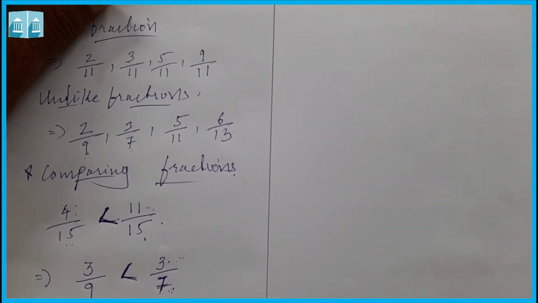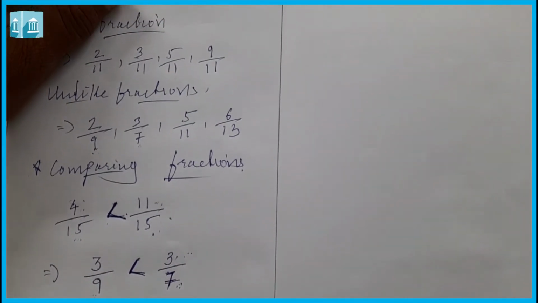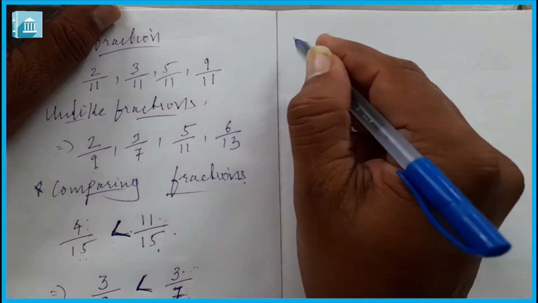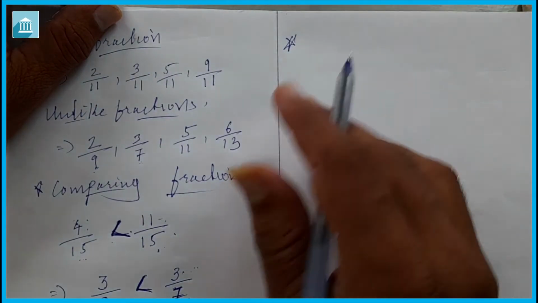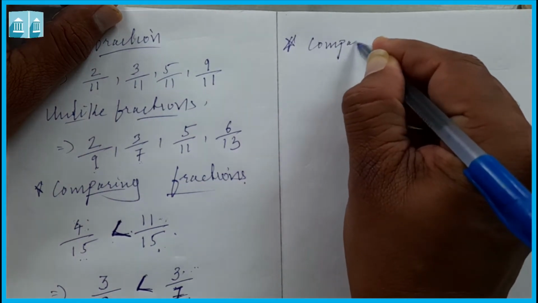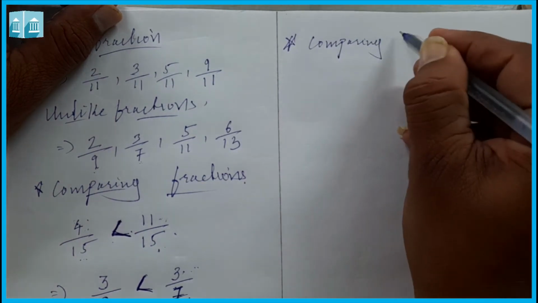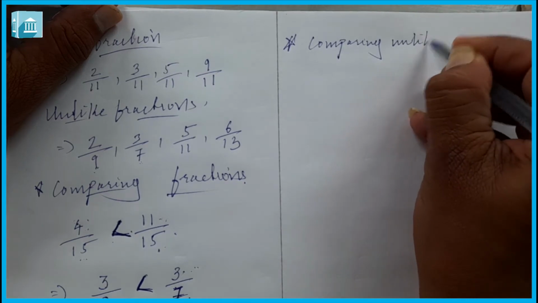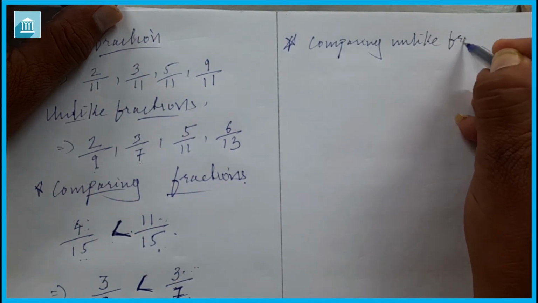Now let us see comparison of unlike fractions. How can we compare unlike fractions?